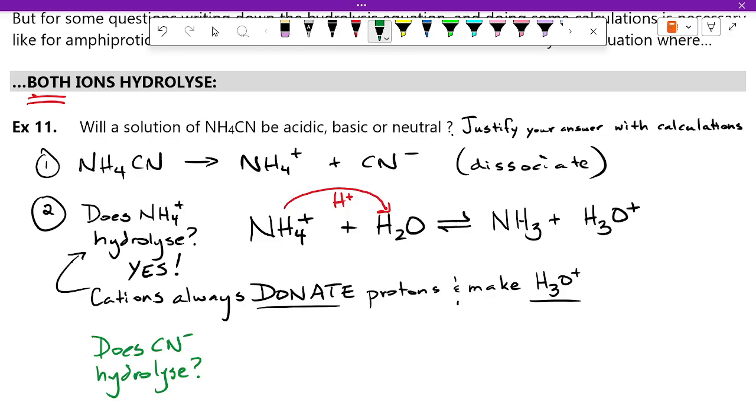HCN is weak, therefore it will hydrolyze. We'll write this down later, okay? But for now, because we're justifying our answer, we're doing a written response kind of question, we're going to write out the whole thing. So we have CN minus plus water gives HCN plus OH minus.